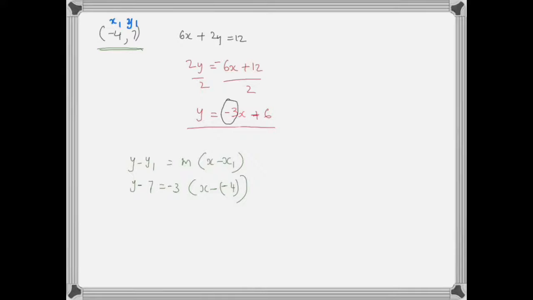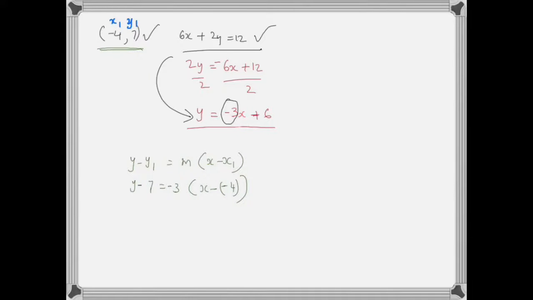Like I said before, we have the given point right here, and we also have the equation of a straight line. We rearranged this equation into y equals mx plus c form, and we found that the slope is negative 3.